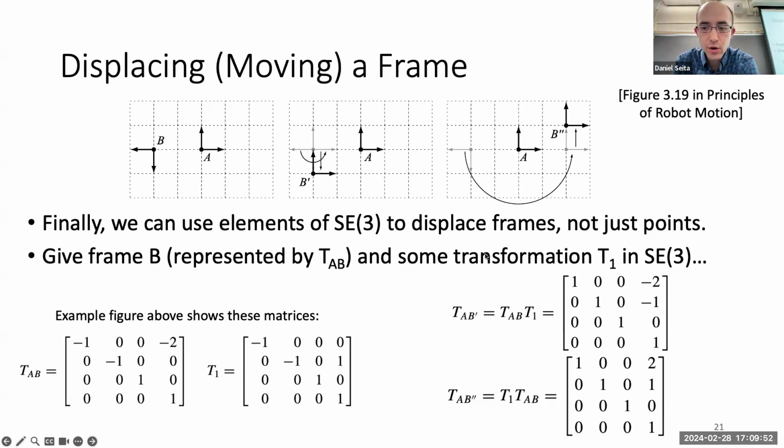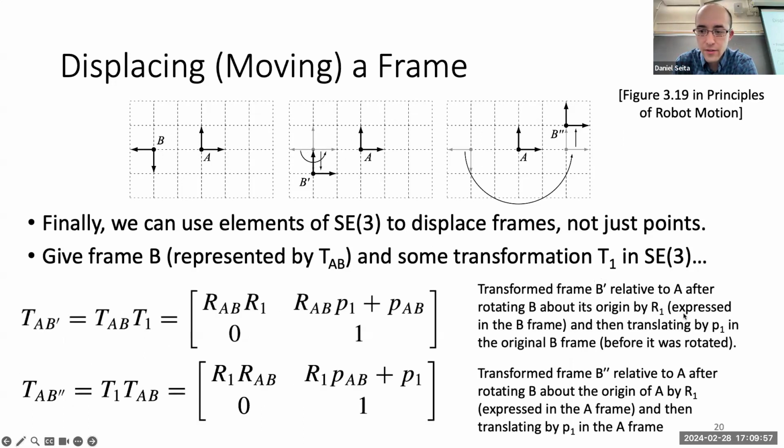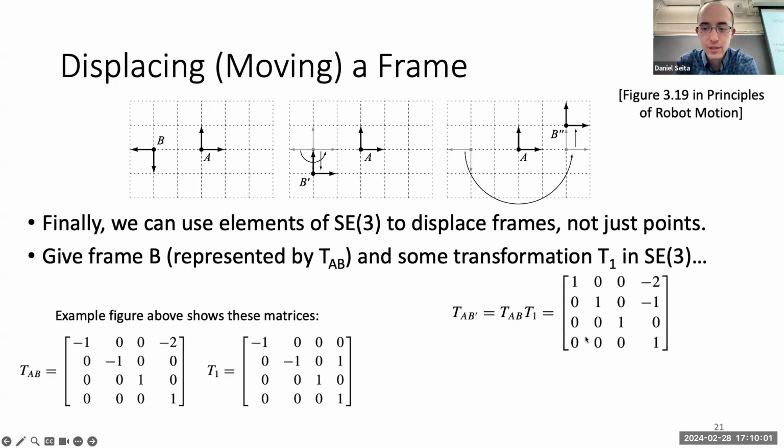And the way to think about this is that the translation by P1 is in the original B frame, right? So the translation is with respect to the original B frame.